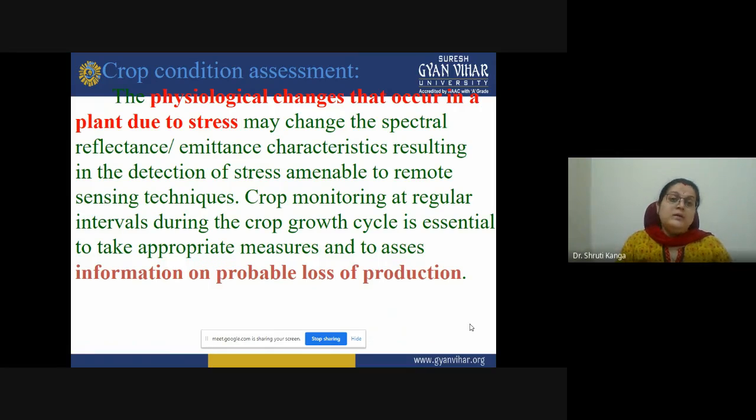The growth stages of the crop can be identified, so that if there is some problem in growth due to infections or lack of some nutrients, it can be managed based on different physiological changes that occur in the plant, which may be recorded in the form of spectral reflectance or emittance characteristics.